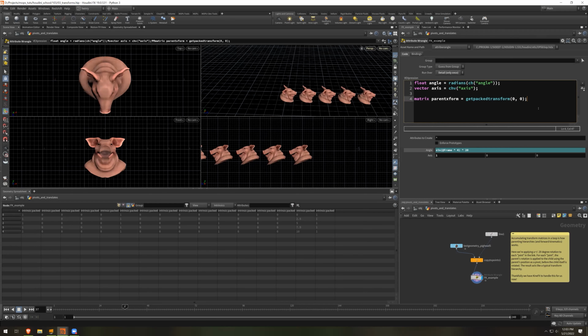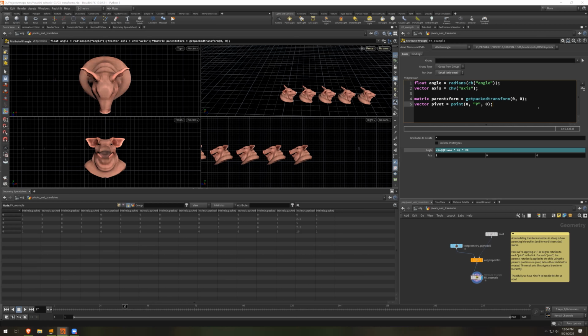And the second thing that I want to do is get the pivot point, right? Because there's a parent-child relationship here, and I want each of these things to be rotating relative to its parent. It's going to be rotating locally, but the transformation needs to be happening from its parent position. So I'm going to store the current pivot or the initial pivot as the position of that point.